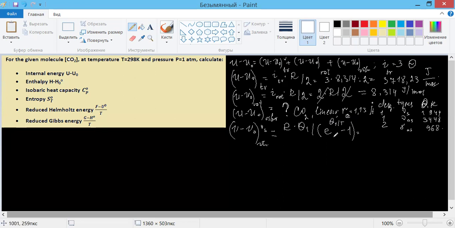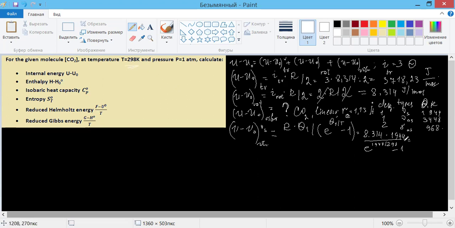And now let's plug in the values to calculate this. It's 8.314 times 1944, divided by e raised to 1944 divided by 298, because this is the temperature, minus 1.